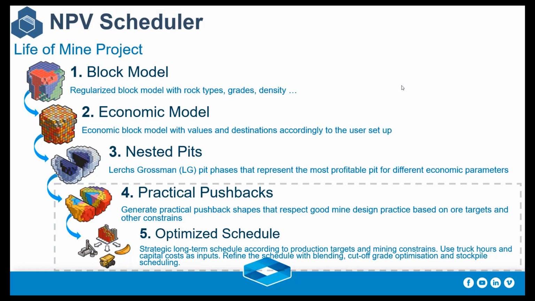On every step of this workflow, we're going to add more details into our operations to try to represent the reality of what we have in our daily operation. So we import our block model, we define our projects, we define our slope regions and all the attributes we want to report. Then we calculate our economical model based on this block model.